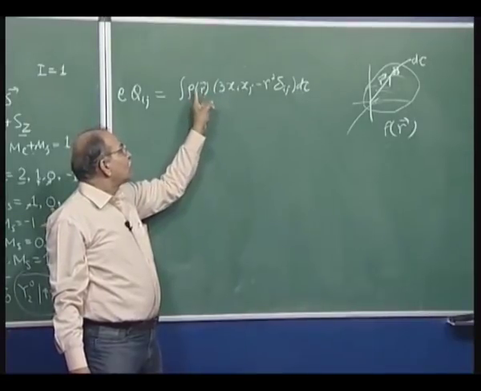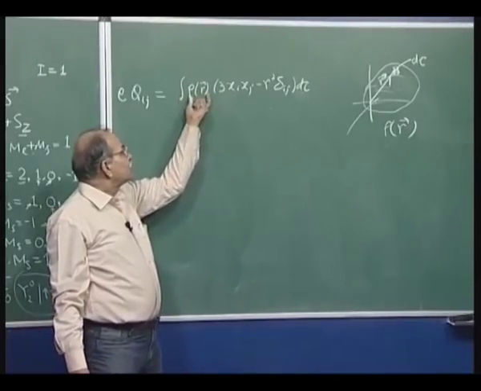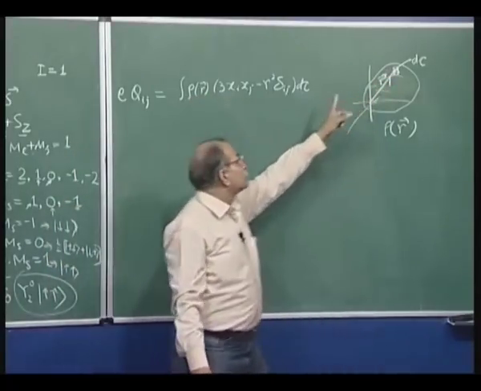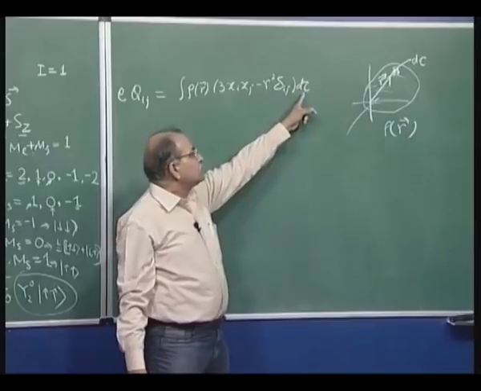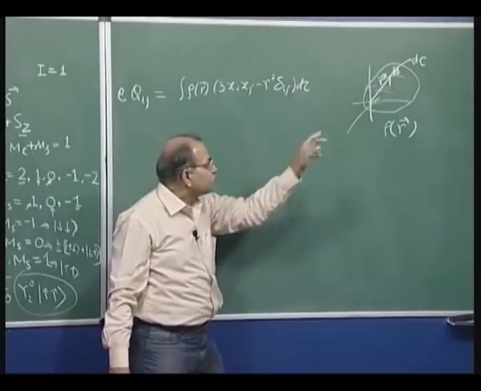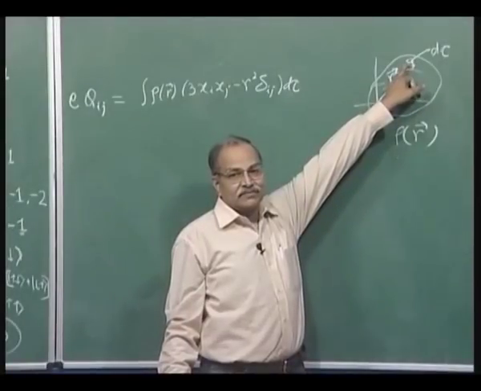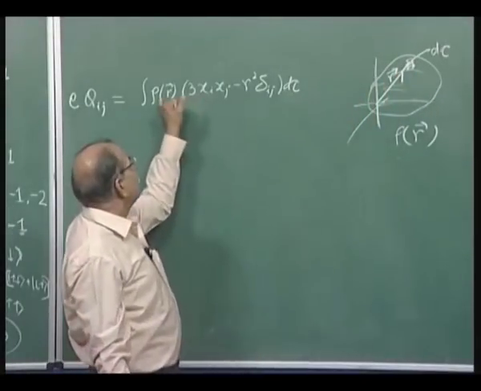This rho r written here is the charge per unit volume, the charge density at this point. Multiplying this rho by d tau gives you the charge contained in this small volume.